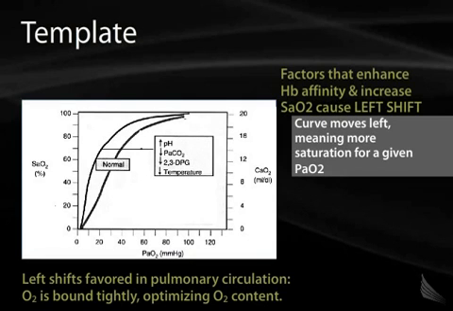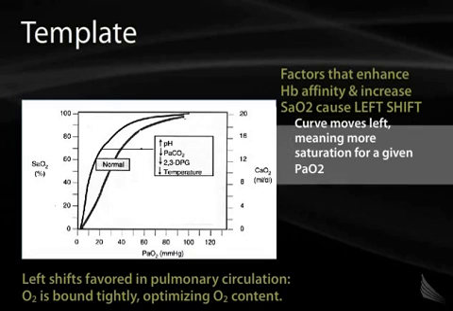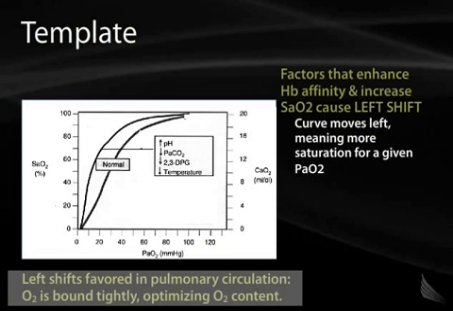Things that are going to shift this curve to the left include a low PCO2, low 2,3-DPG concentration, lower temperature, or lower amount of hydrogen ions, or a higher pH. This left shift is favored in the pulmonary circulation. It favors oxygen being bound to hemoglobin and optimizing the oxygen carrying capacity of the blood.